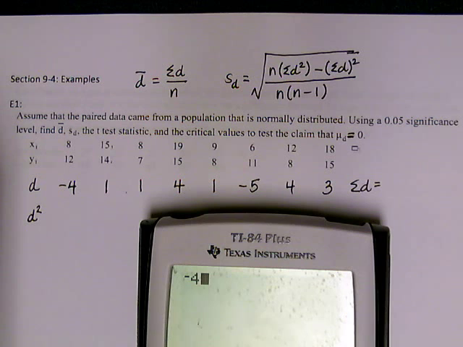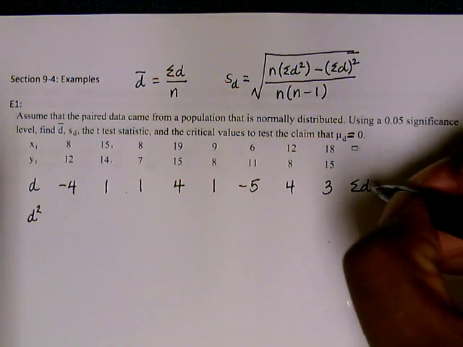So if I do negative 4 plus 1 plus 1 plus 4 plus 1 plus negative 5 plus 4 plus 3, that sum will be 5. So the sum of all of your differences will be 5.